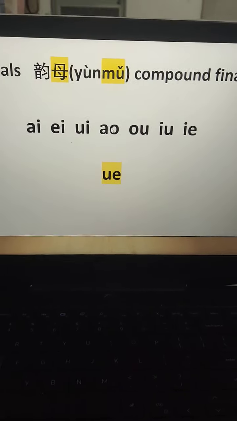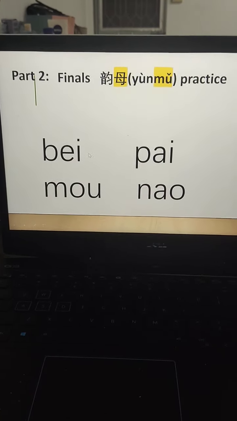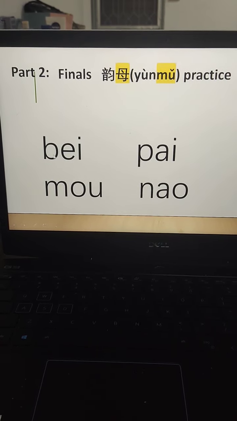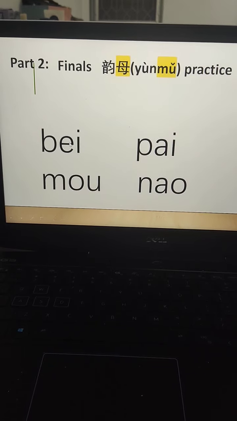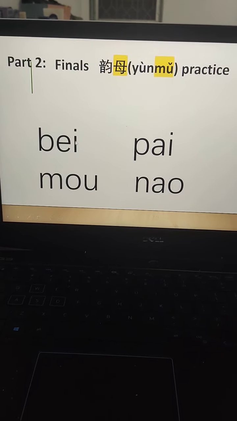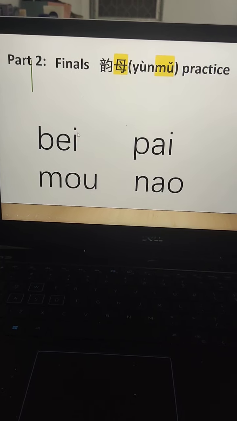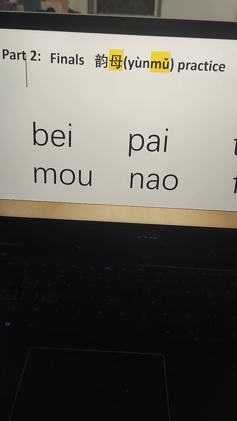Okay, now let's see how to pronounce these with the initials. Now let's see this one. How to pronounce this one? B, this one, E. Okay, together, so bei, right?